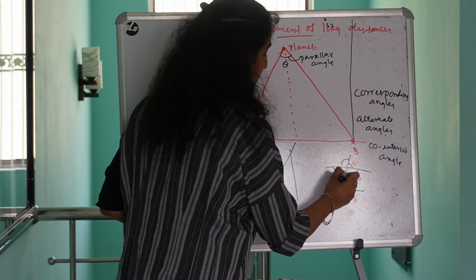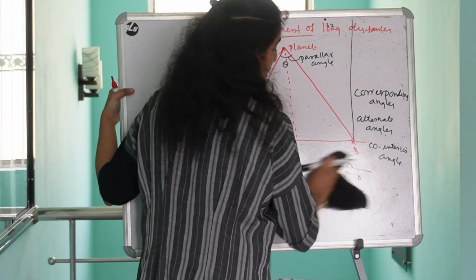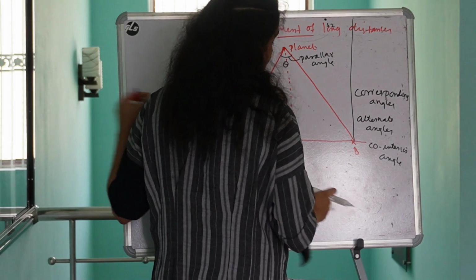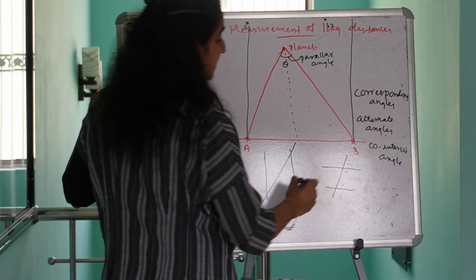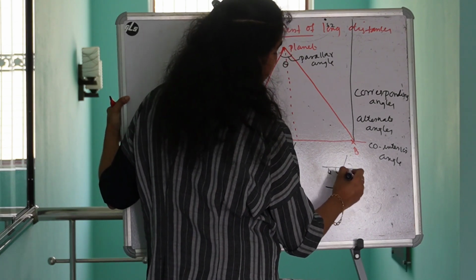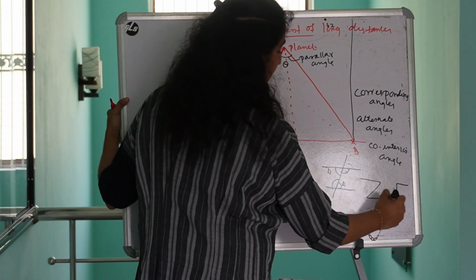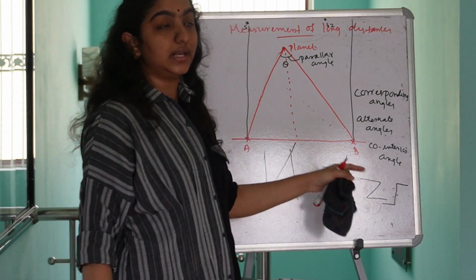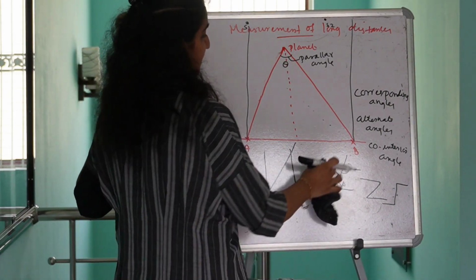Is it clear? Yes. Now, what are alternate angles? Angles are formed in the opposite direction of the parallel line in a zigzag manner, like this. Either like this or like this in a zigzag manner. Angles are formed in the opposite sides of the parallel lines.